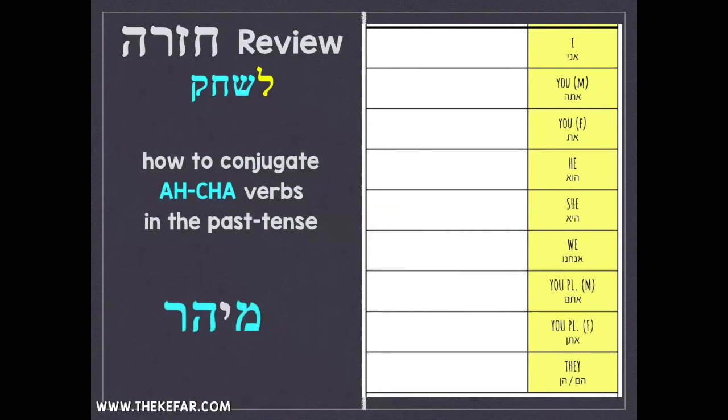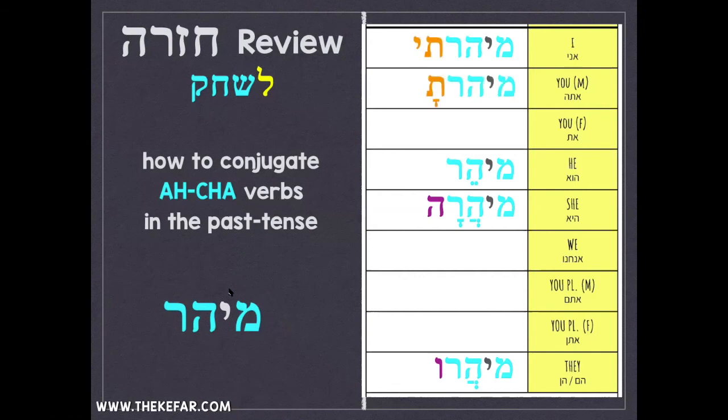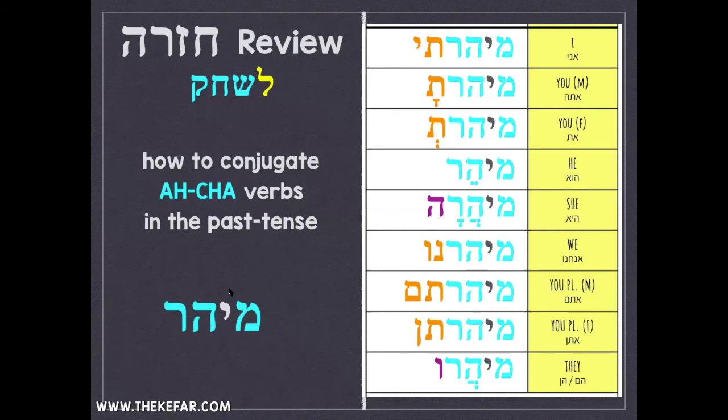So miher is also the same as he rushed or he hurried, so hu miher. And then he mihara, and hem, hen, miharu. Then we have ani miharti, ata miharta, at mihart, anachnu miharnu, atem mihartem, and aten miharten.